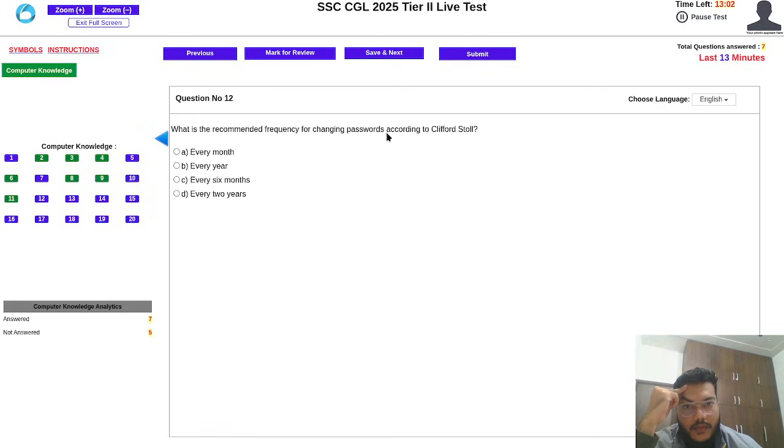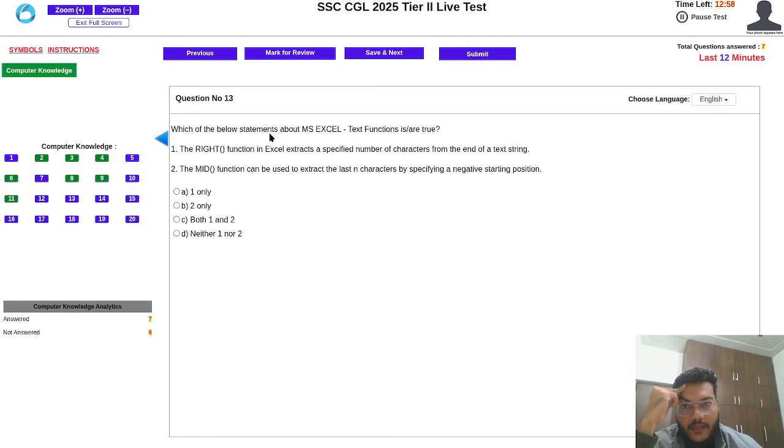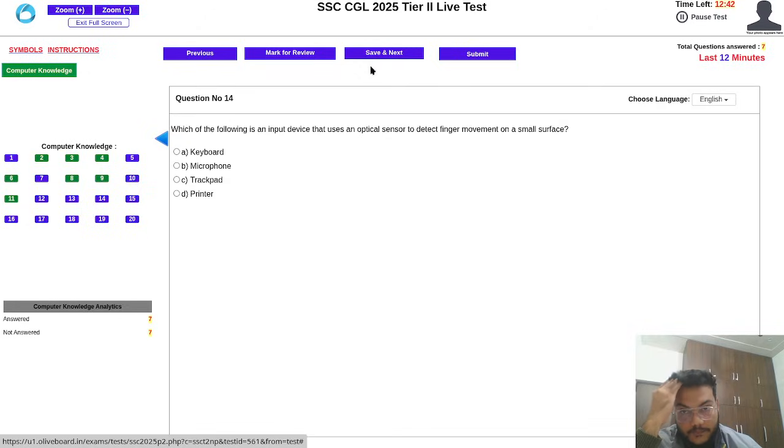Which of the below statements about MS Excel text are true? The right function in the MS Excel extracts a specified number of characters from the end. Which of the following is an input device? It is an optical sensor to get finger movement on a small surface. Trackpad.